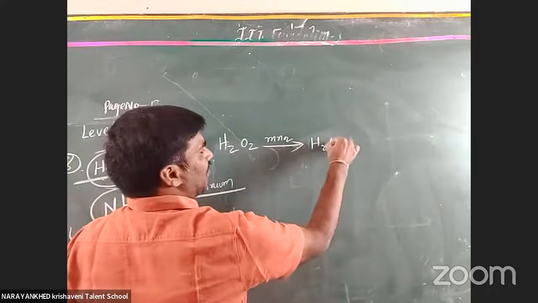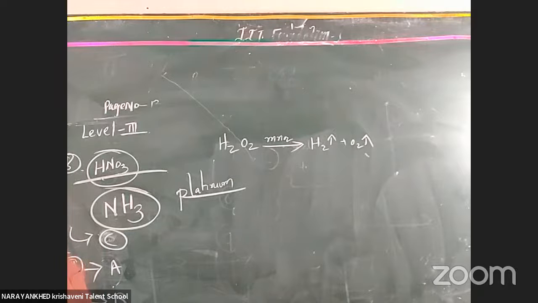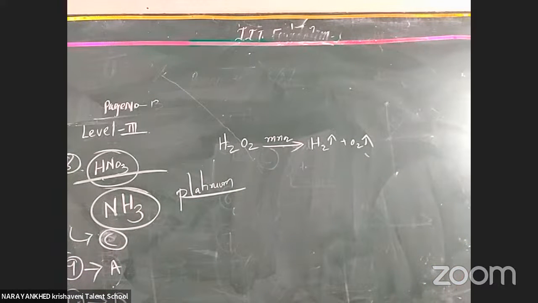Hydrogen gas as well as oxygen gas. Okay, clear or not? Yes, it will be done in a fast mode. That is when we take it as a catalyst, as we discussed with you. Okay, so the 10th answer is B. Yes, manganese oxide works as a catalyst here.